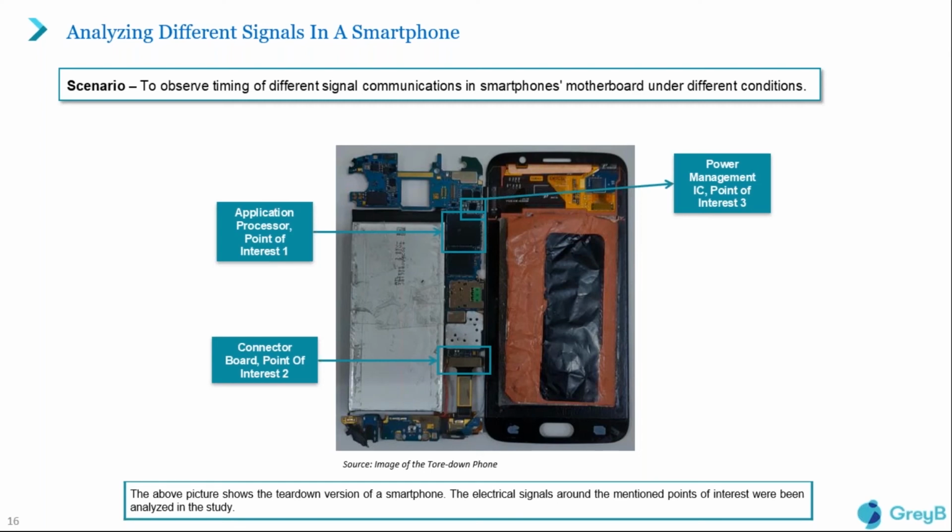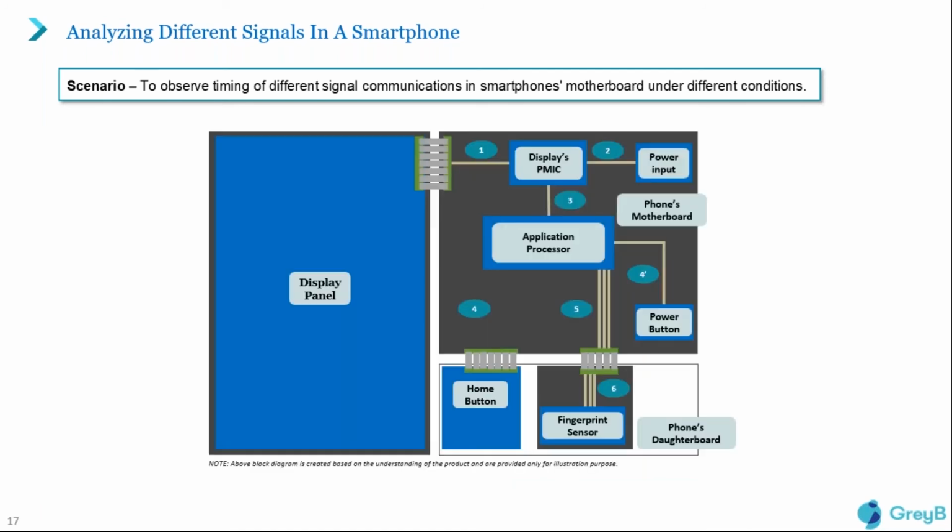So we went through a lot of data sheets, manuals, and repair manuals, and tried to study those signals. Based on all those studies, we prepared a diagram which helped us relate how different signals are traveling and from where.